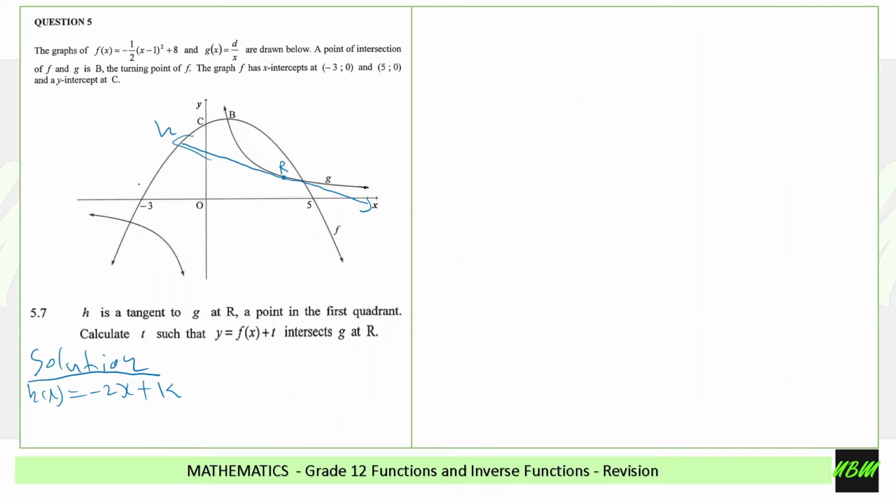So now, if the graphs of h and g do intersect, it means what? k will be greater than 8 or k will be less than minus 8. In terms of the discriminant, the discriminant will now be greater than or equal to 0.